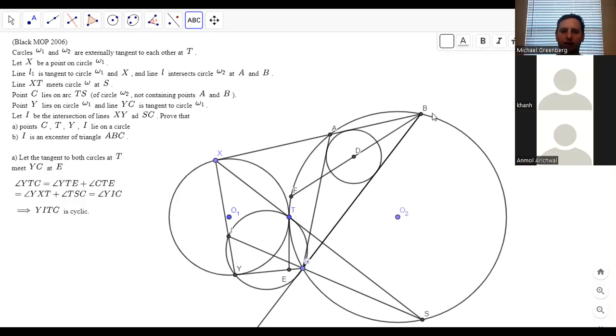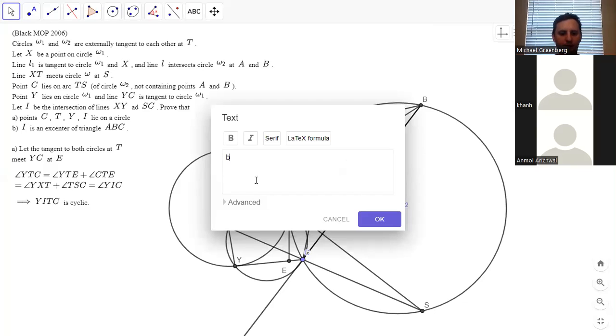STX is a straight line. SO2 is parallel to XO1. Oh, I think that's what I was missing. Yeah, I had a more complicated proof, but that's the better way to do it.